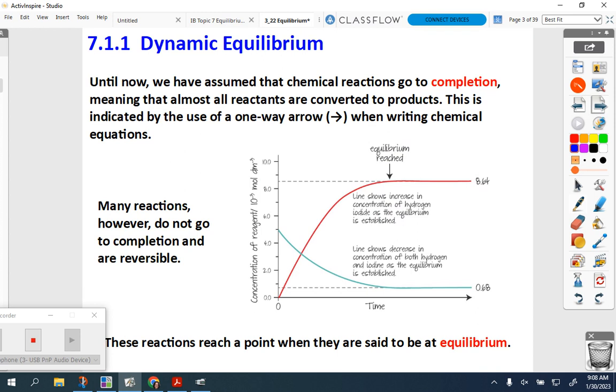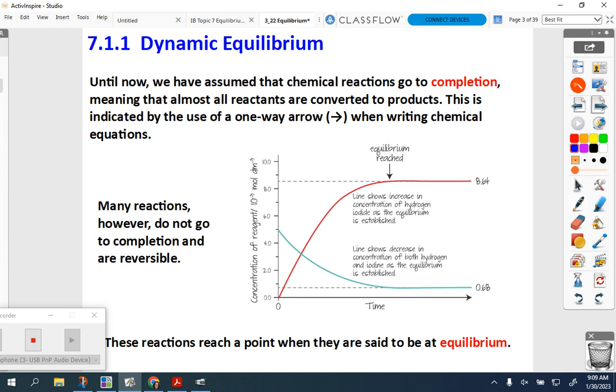So we're going to come back to graphs like this, so don't feel like you have to draw everything here. But essentially, I just wanted to reiterate what we were saying with the energy diagram. We've been talking about chemical reactions going to completion, meaning that all or almost all of our reactants are converted to products.